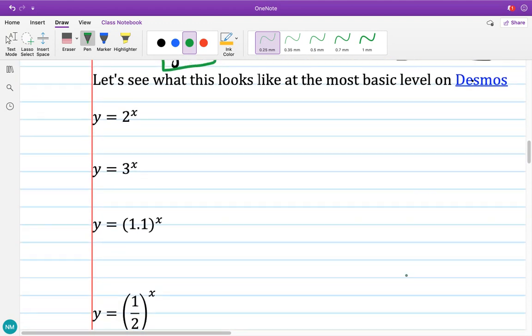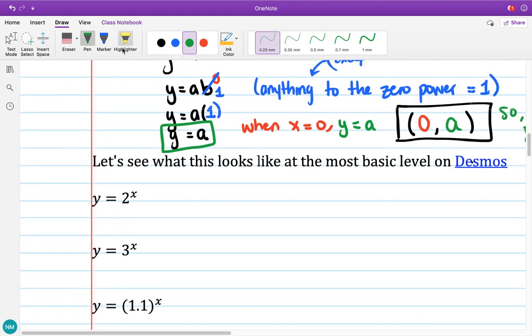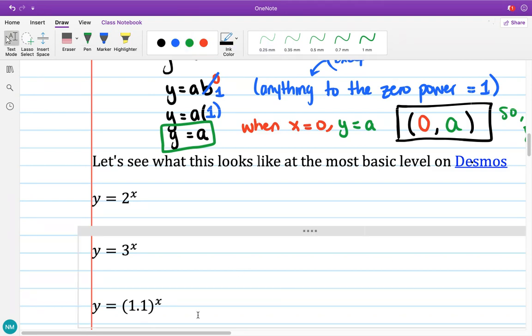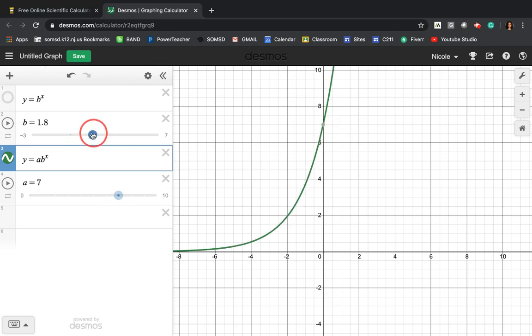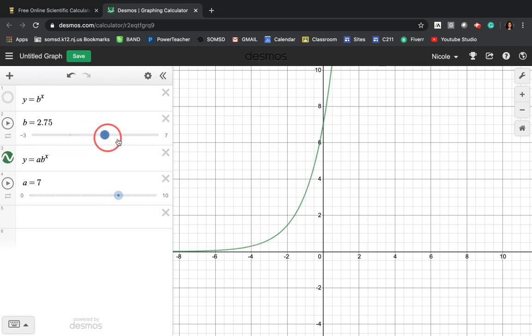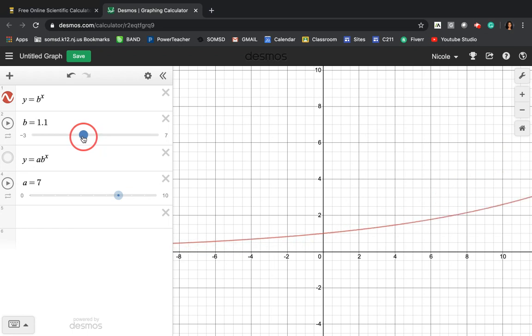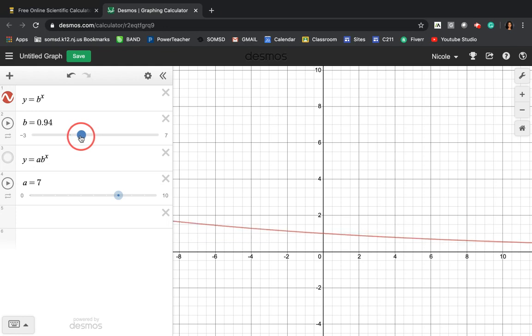So let's look at some functions, because we'll revisit a being the y-intercept. But we spoke about growth and decay. On my Desmos graph, we said that when b is greater than 1, when it was greater than 1, it still grew. No matter how close to 1 it got, it was still growing, but until it reached 1.